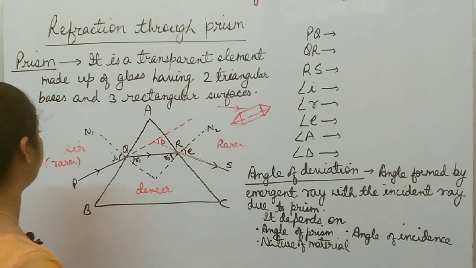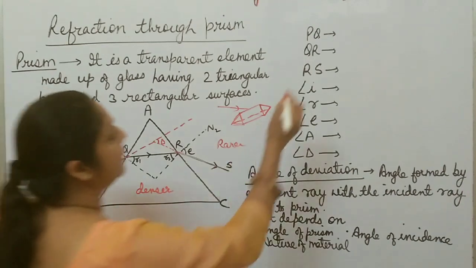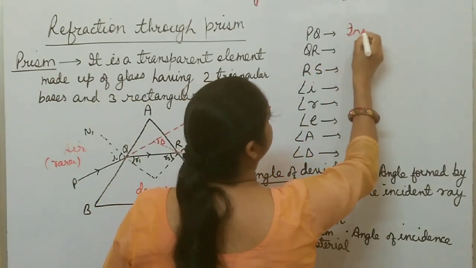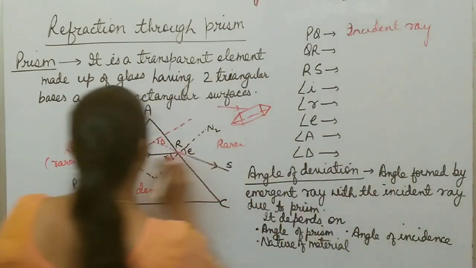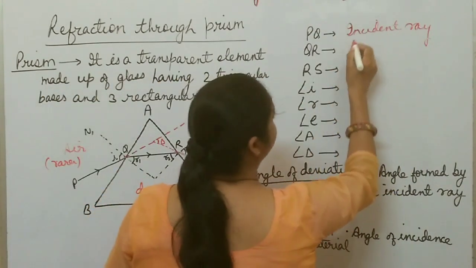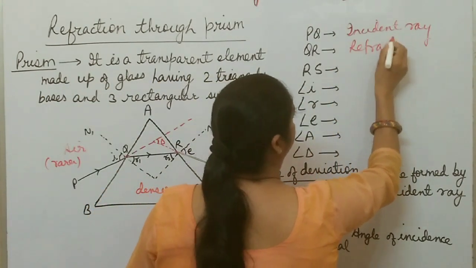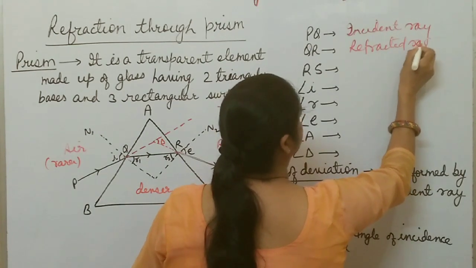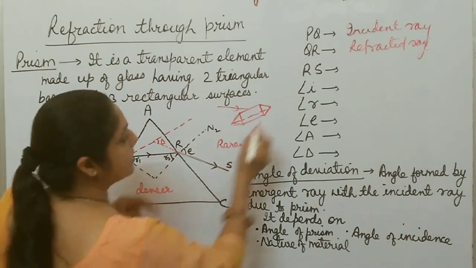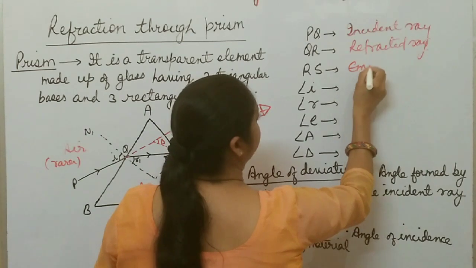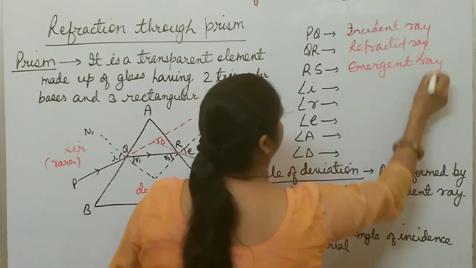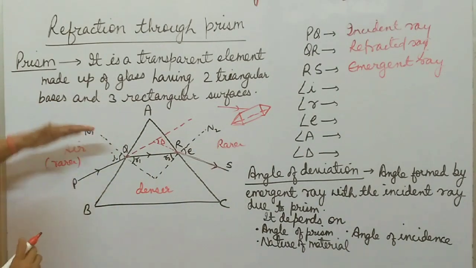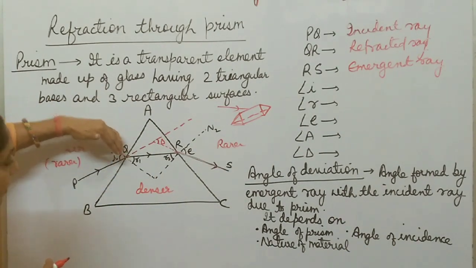Emergent beam. So you can write first PQ. PQ is incident ray. Then QR. QR is refracted ray. Then RS. RS is emergent ray. Okay. Now you know the angle between this incident ray and normal is what?